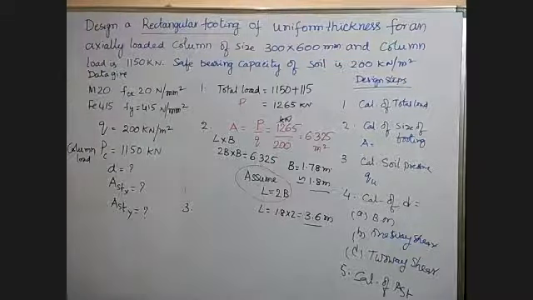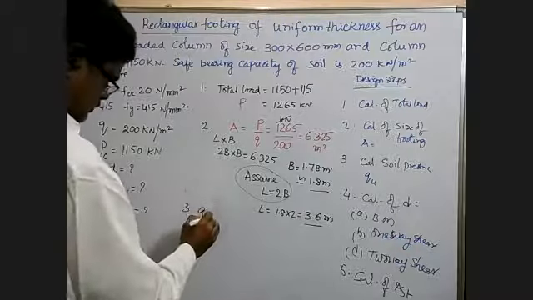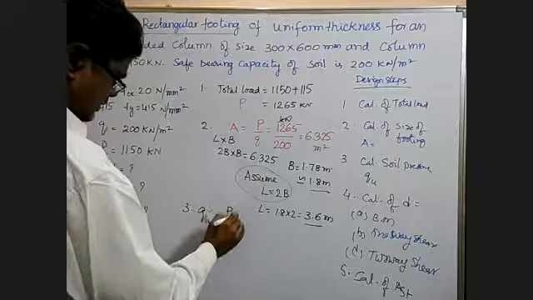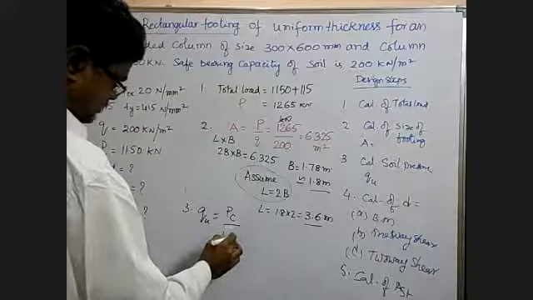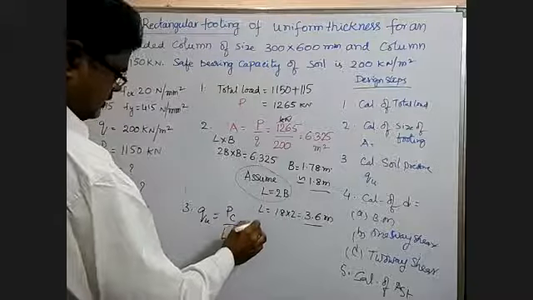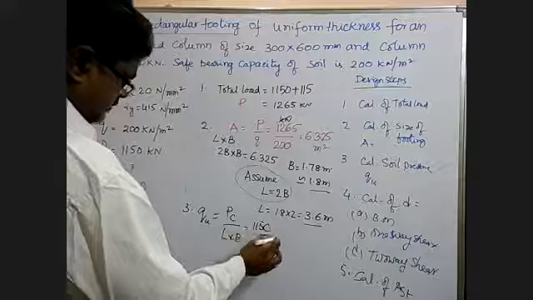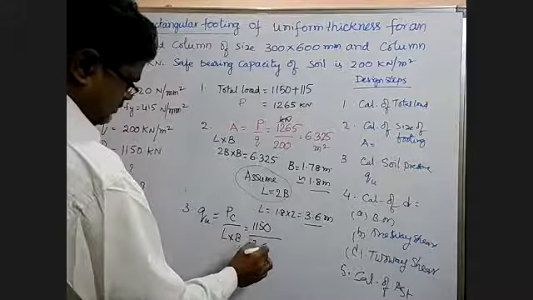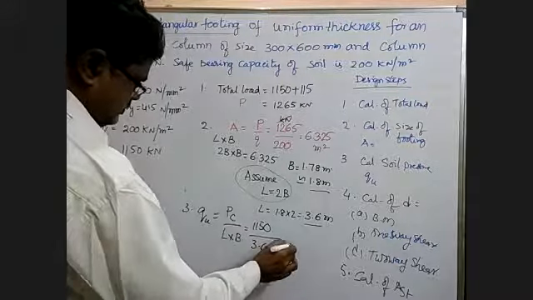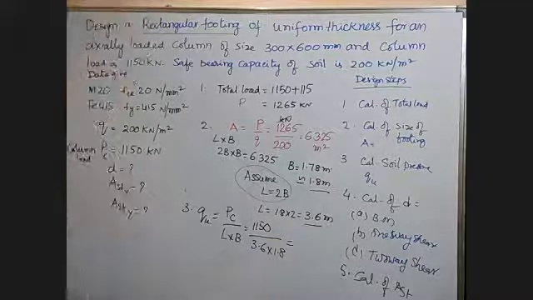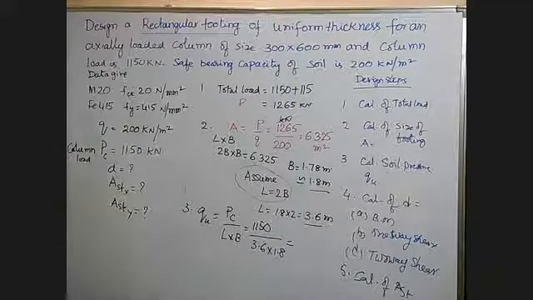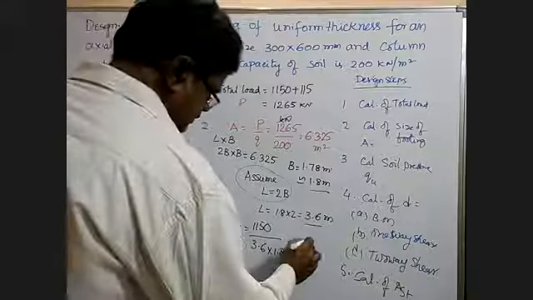We call it qu, which is equal to the column load divided by L into B. The column load is 1150 divided by 3.6 into 1.8, which comes to 177.47.